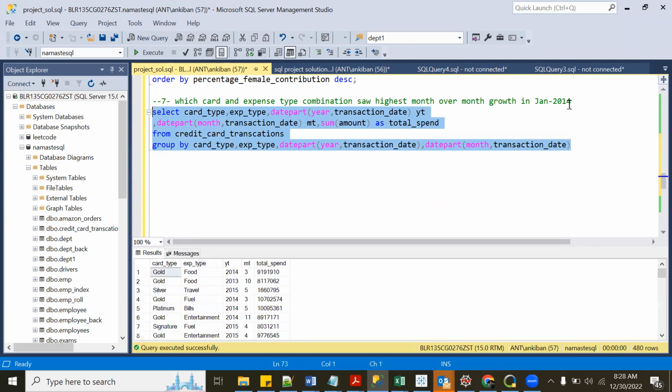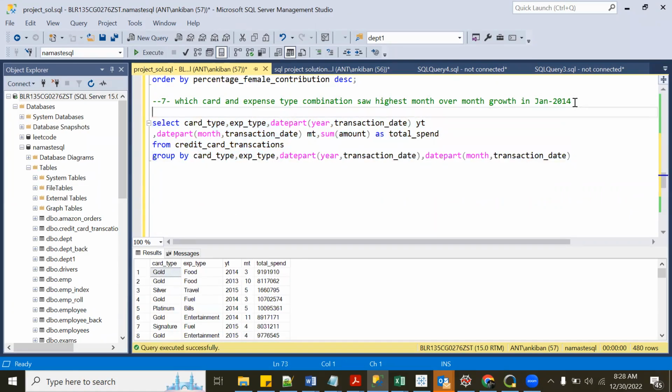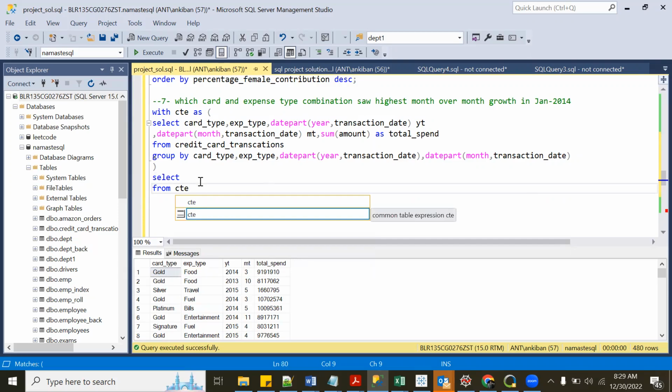Okay. So now I need to get month-over-month growth. So what I will do, I will just take this as CTE, let's say CTE as this, select star from CTE, comma.